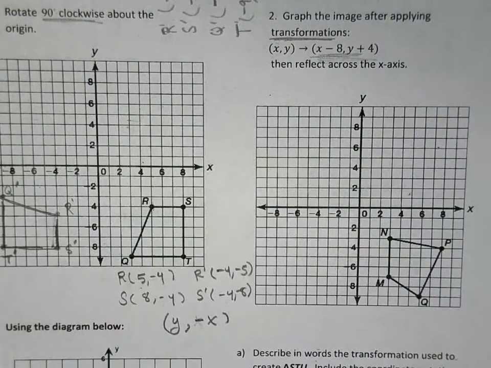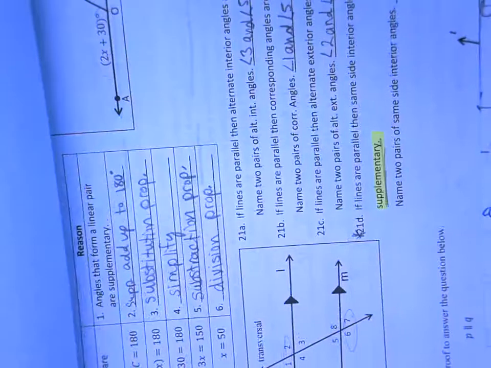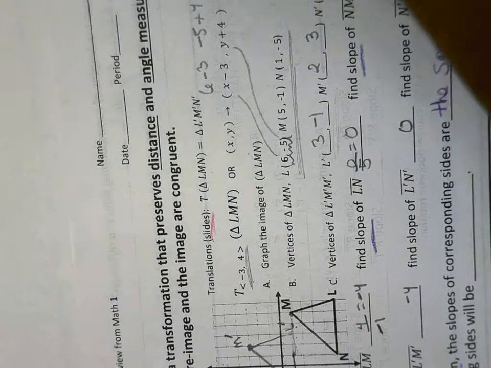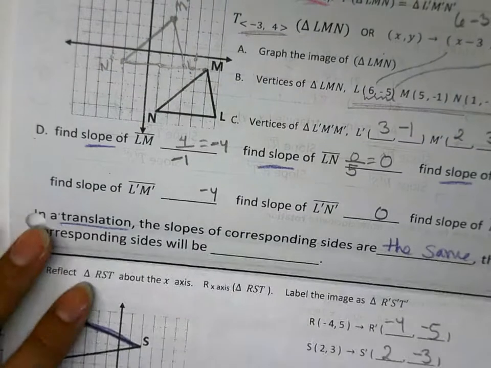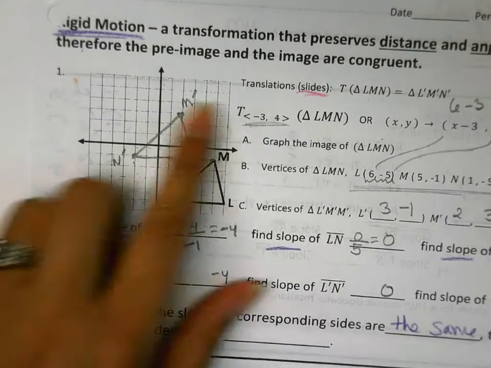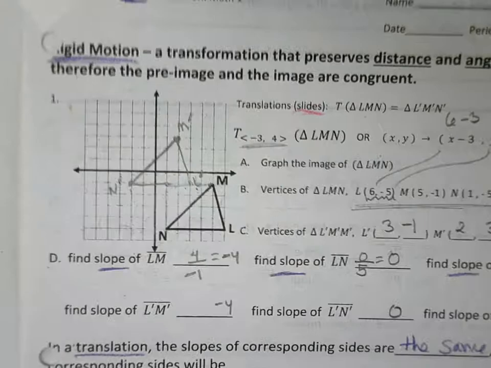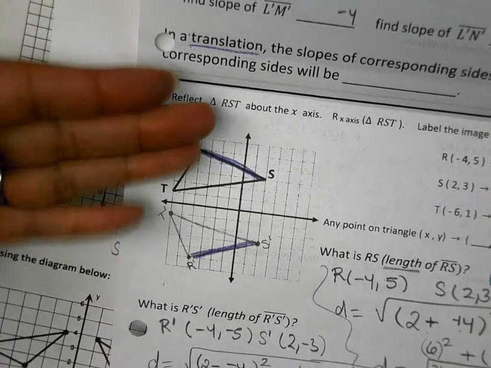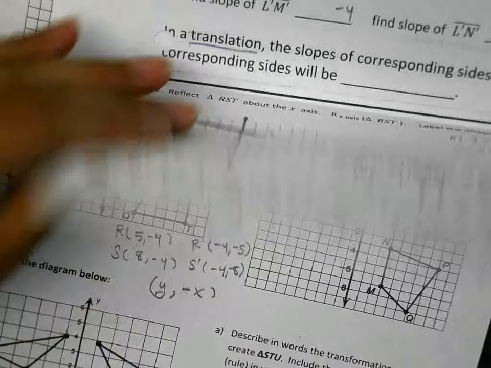Let me show you guys really quick. This is period 7's, but we can use it. Can you guys see that? So we said the translation was a slide, and that was just sliding, and then there was the reflecting, that you reflected across the axis, and then there was the rotation, which is what we're doing now.